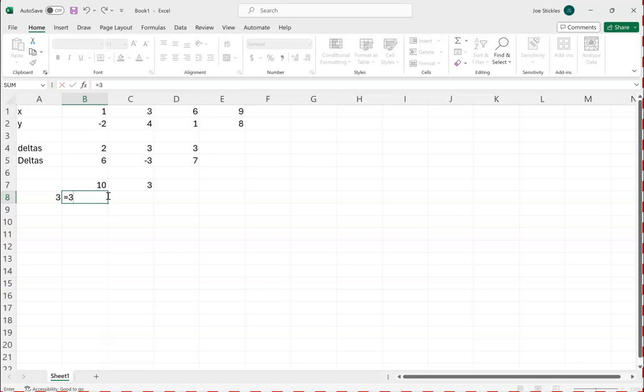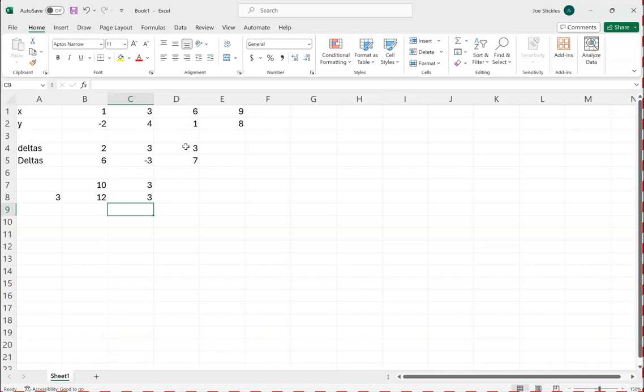This one will be 2 times delta 2 plus delta 3. And then this one will be your delta 3. Yep.